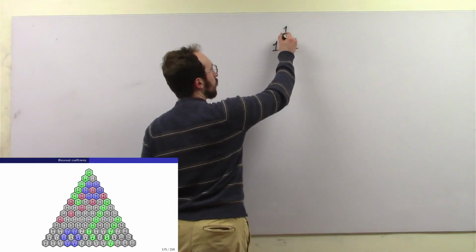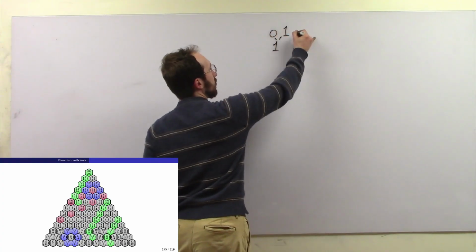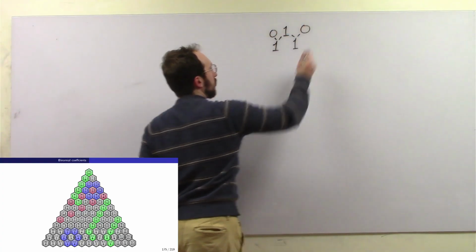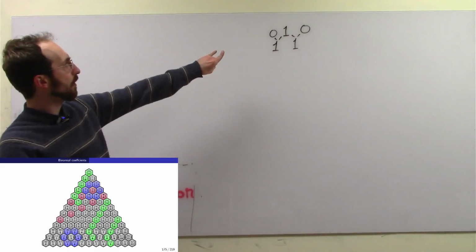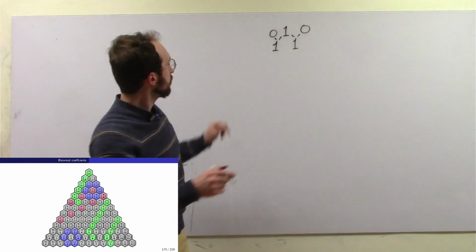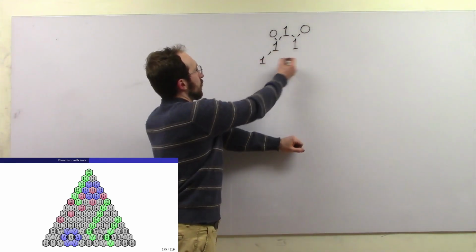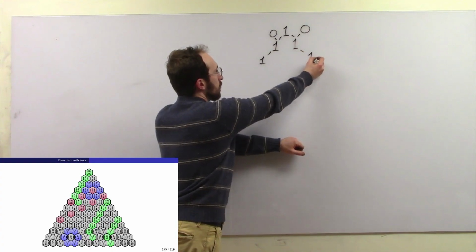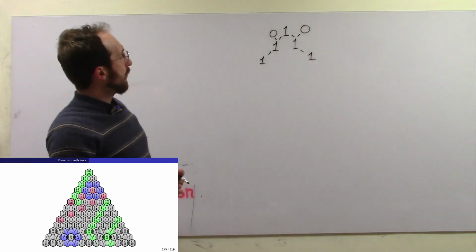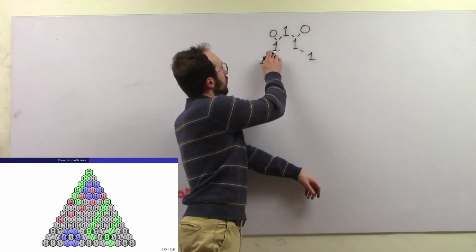Okay, and how do we get there? Well, we can think of this as a 0 off to the side, and then another 0 off to the side. We just added those to the 1 to get these values right here. Now to get our next row, we can just take these 1s along. And to get this middle part, we're just going to add 1 and 1.